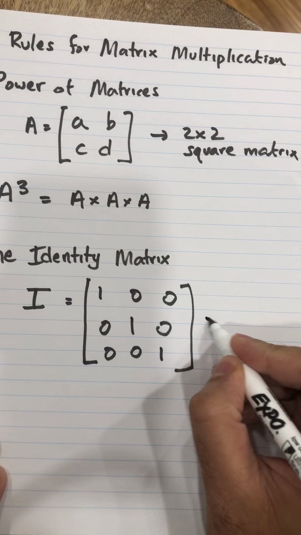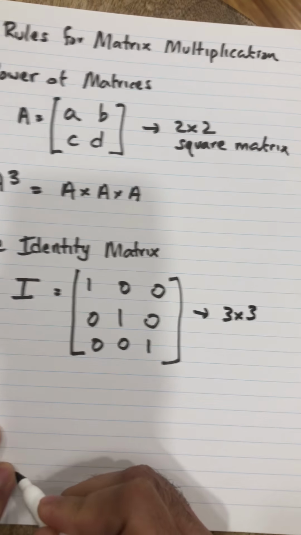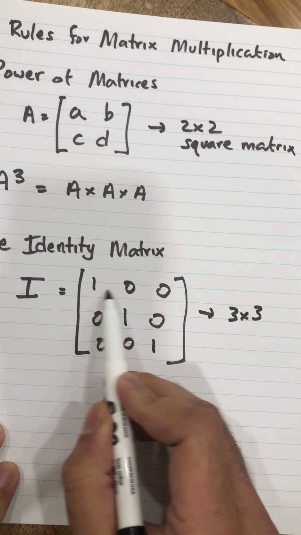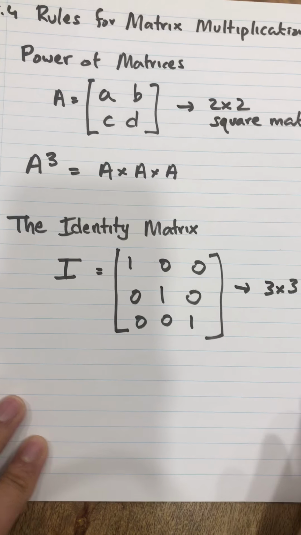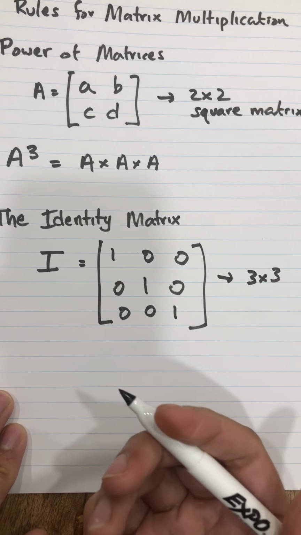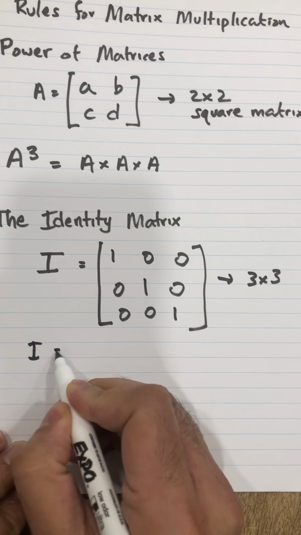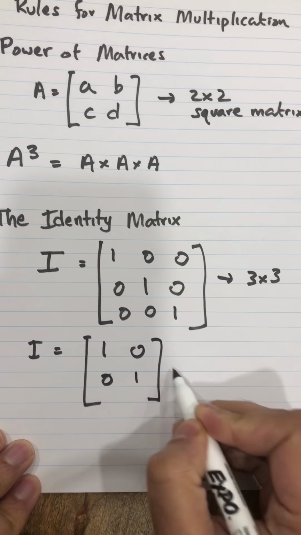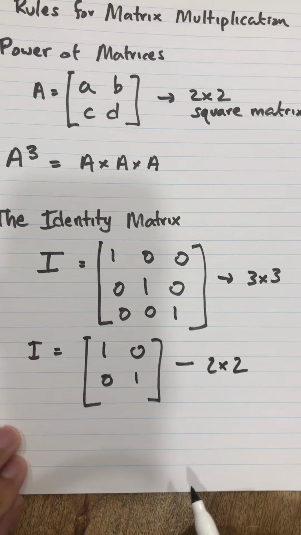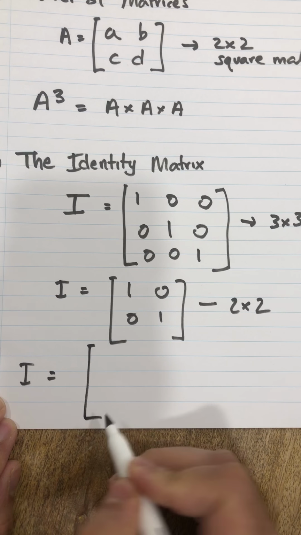Okay, so this is a special case of an identity matrix which is 3 into 3, right? Because it has 3 rows and 3 columns. But you can get identity matrices of any square dimension. For example, this would be an identity matrix which is 2 into 2. You can think of even more, right?